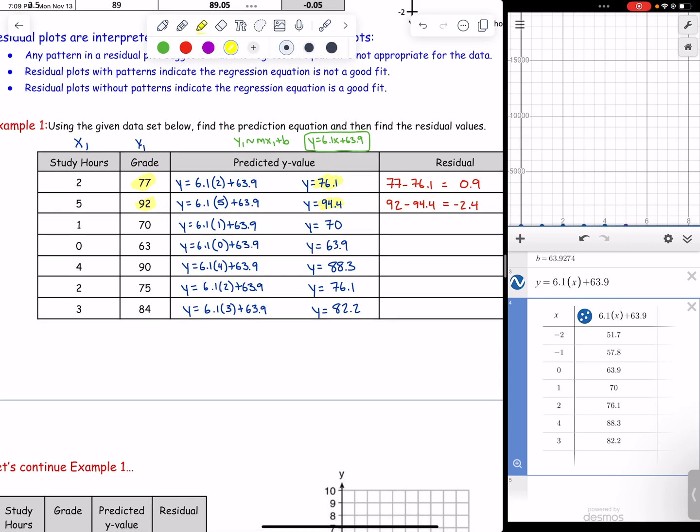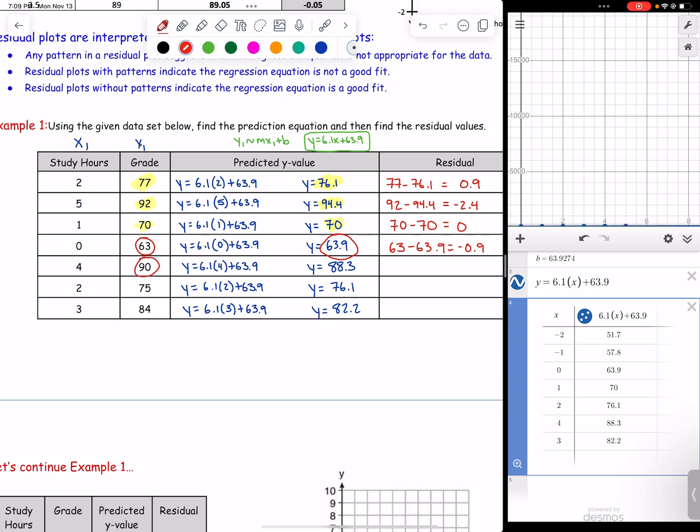So 70 is actually equal to 70. So we have a residual value of 0 for that one. So 70 minus 70 is just a residual of 0. So that one would be right on our line. And then we have 63 minus 63.9, which would be a negative 0.9.